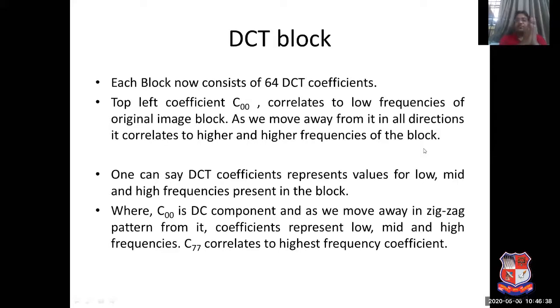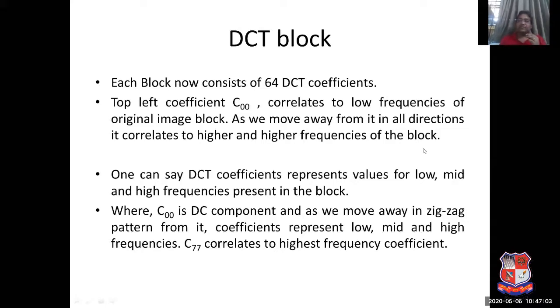One can say that the DCT coefficients represent values for low, mid, and high frequencies present in the block. So an individual block has three kinds of frequency information: low frequency, mid frequency, and high frequency.